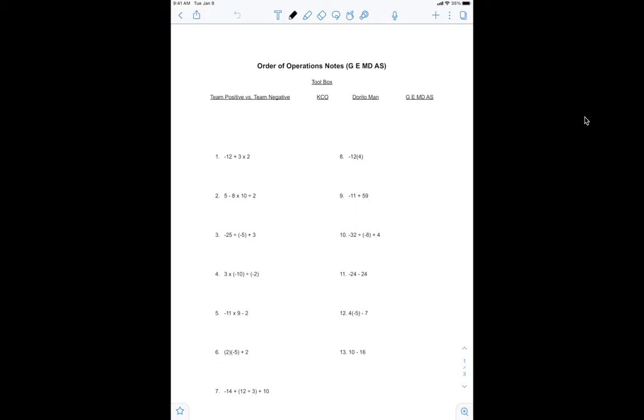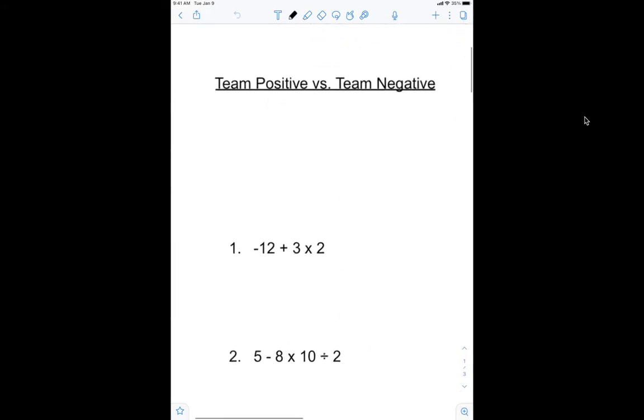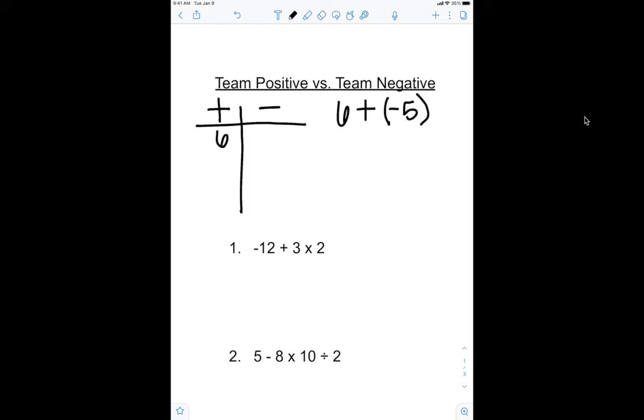So real quick, let's look at our toolbox and see what tools we have to help us. One of the first things we learned in this unit was team positive versus team negative. That's when you make your team positive and your team negative. If we were to add 6 plus -5, the 6 would go on team positive and the -5 would go on team negative.